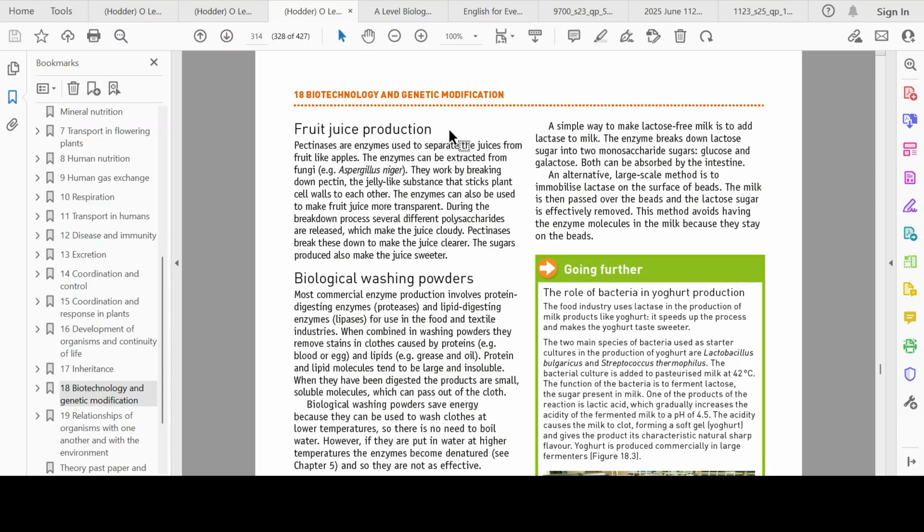Now, fruit juice production. Pectinase is an enzyme that's used to make fruit juice from fruits. It's taken from a fungus, Aspergillus niger, and it breaks down the carbohydrate pectin.